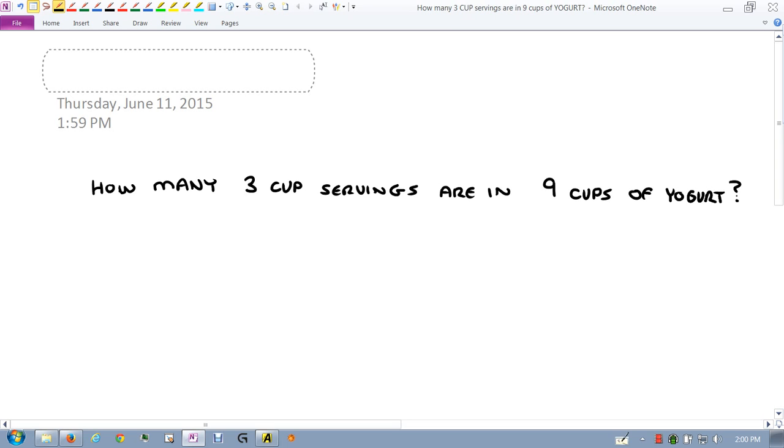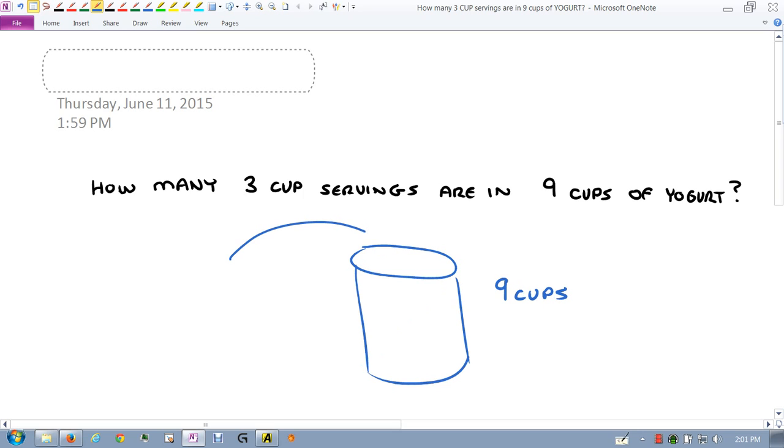That help? Okay, so you've got the yogurt here, right? We'll just say this is a vat of yogurt. There's 9 cups in there. How many 3-cup servings go in there?